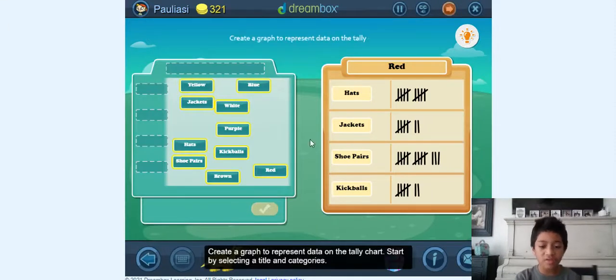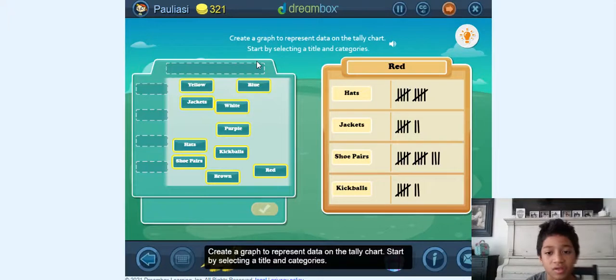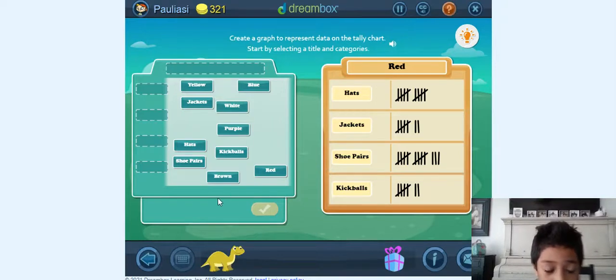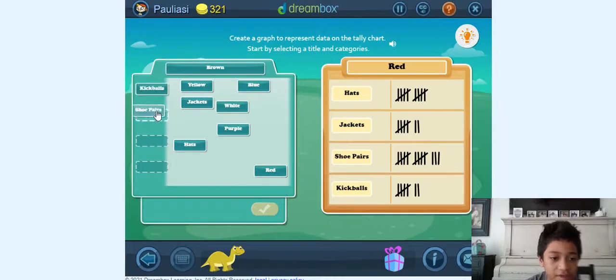So now we can make our own categories. We're trying to create a graph to represent data on the tally chart, starting by selecting the title and categories. So this is an example. Now we can do any category. We could do brown kickballs, superheroes, jackets, then hats.